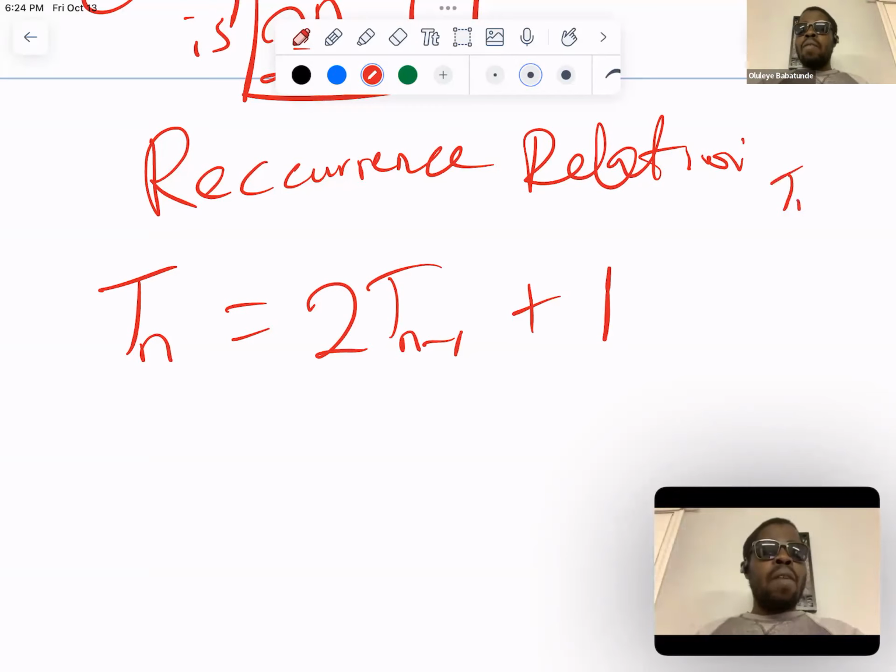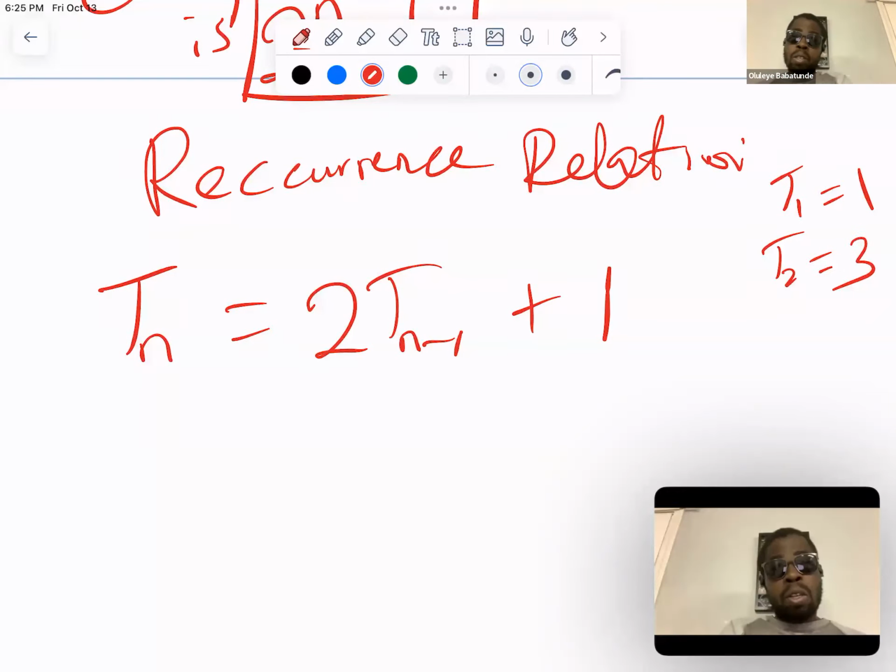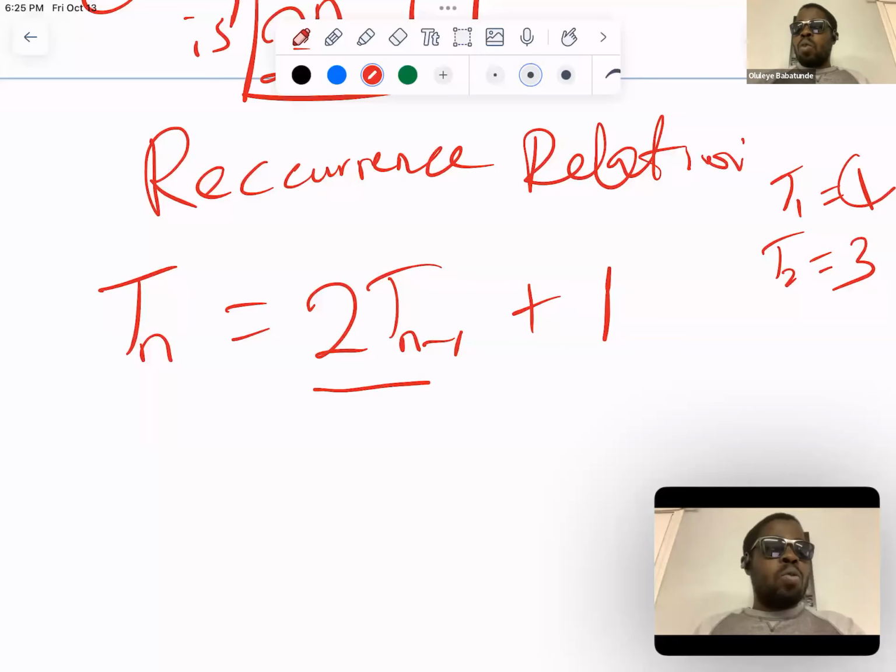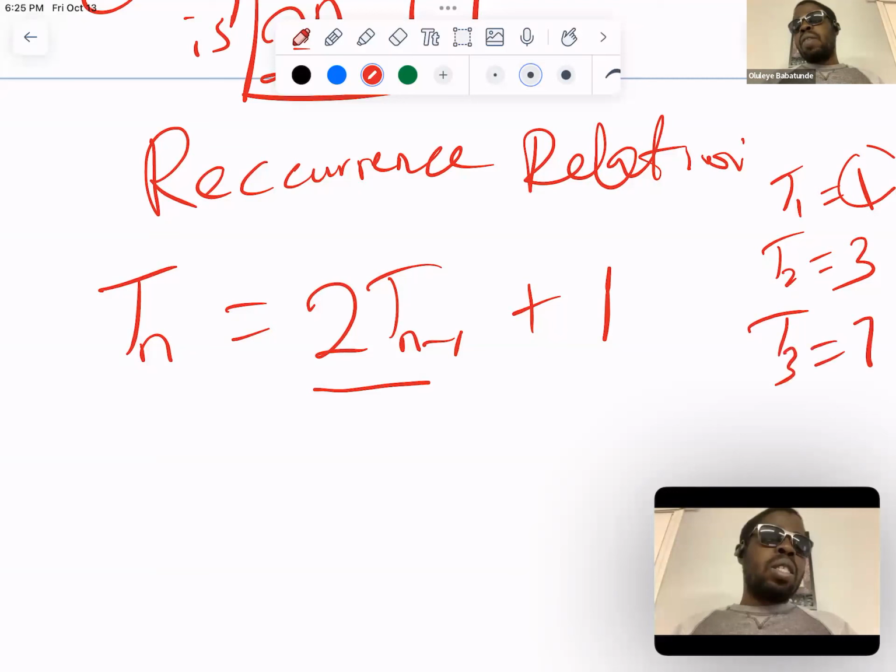When you have one disc, the number of moves is 1. Just one move. If you have 2 discs, the number of moves is what? 3. So 2 times 1 plus 1. See? 2 times 1 plus 1 is going to give you 3. And if you have 3 discs, the number of moves is going to be what? 7, which is 2 times 3 plus 1.